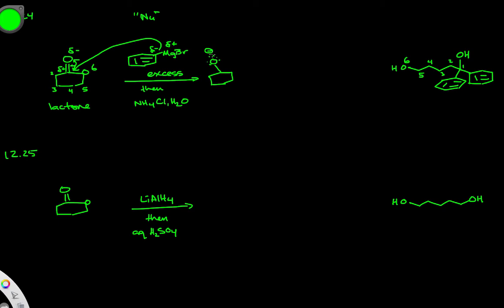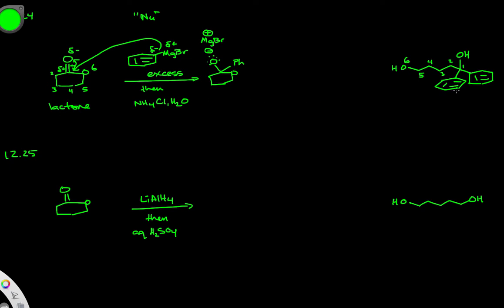The counter ion for that is the magnesium bromide. The magnesium will bear the formal positive charge. We'll put in our other ring oxygen, and then finally, I'm going to abbreviate the phenyl group as Ph.